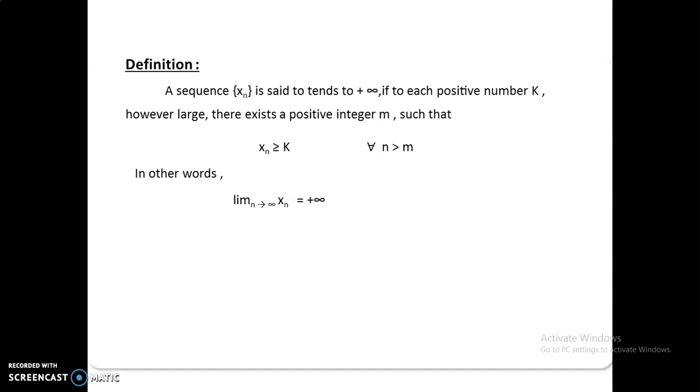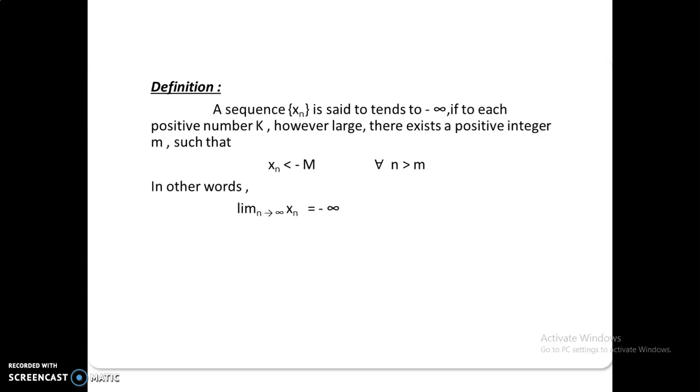Or in other words, the limit of xn as n approaches infinity gives plus infinity. Next, a sequence approaches minus infinity if for each positive number K, however large, there exists a positive integer m such that xn is less than minus K for all n greater than m.